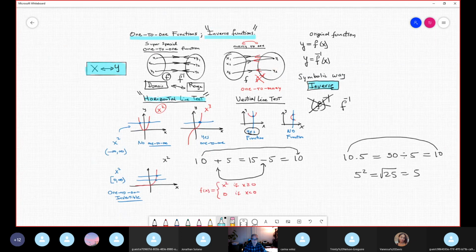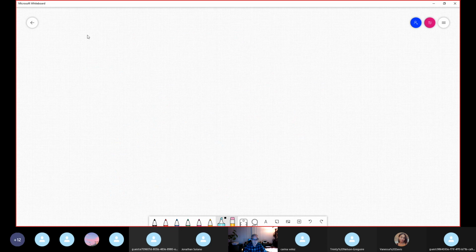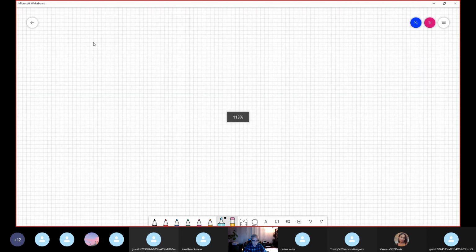Let's do it. Example 1. Okay, this is too long. This example is long because we have 5 steps. We determine the inverse, determine the domain, determine the range, check if it is inverse or not. And finally, we do the graph.